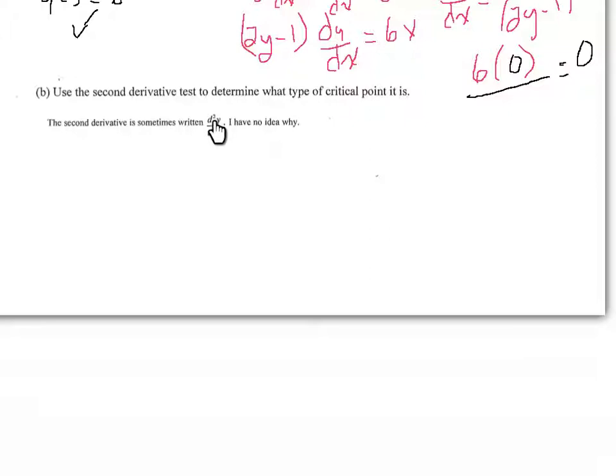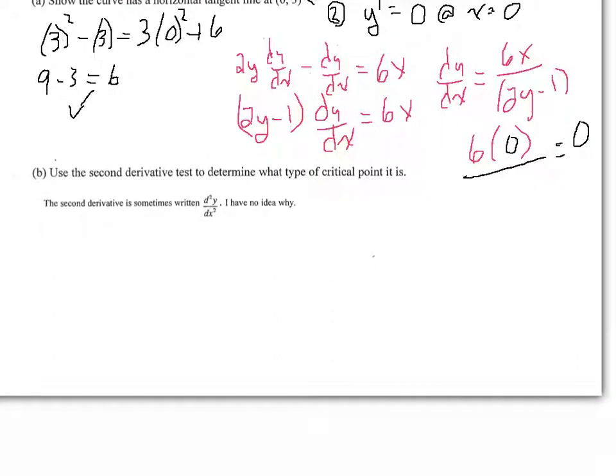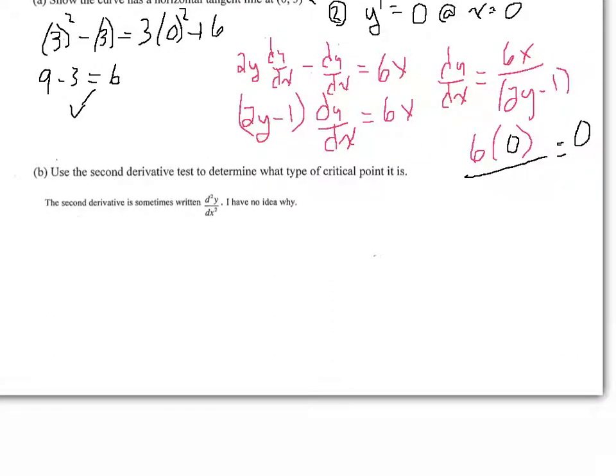So what I need to do is take the derivative of this. Now, this is a quotient, so I'm going to end up using the quotient rule. I'm going to write this with the second derivative notation. So we're going to take the derivative of 6x over 2y minus 1.